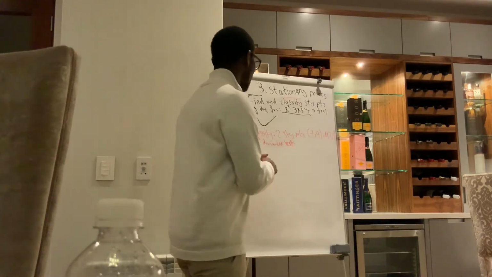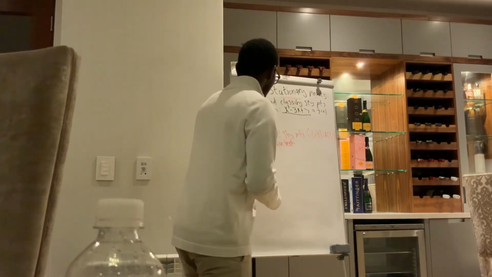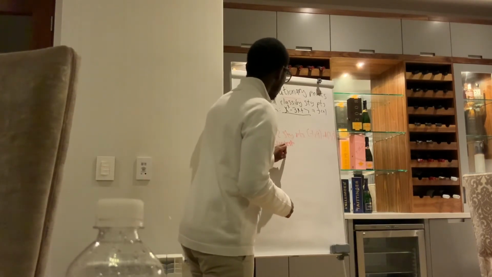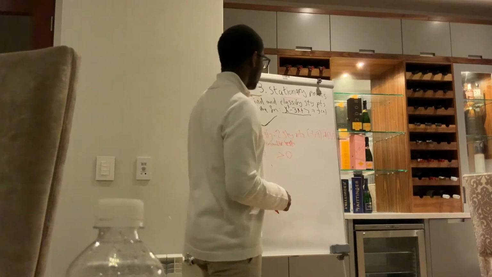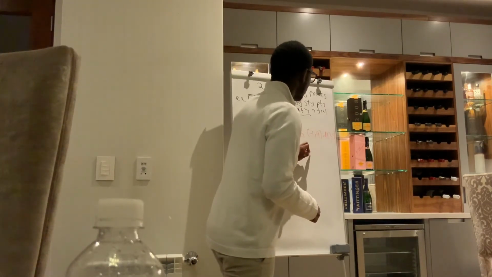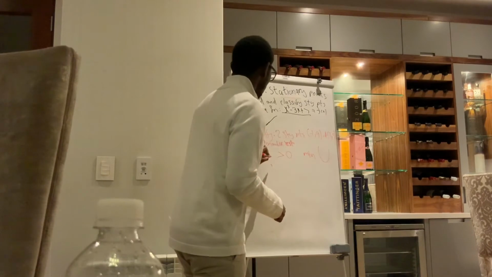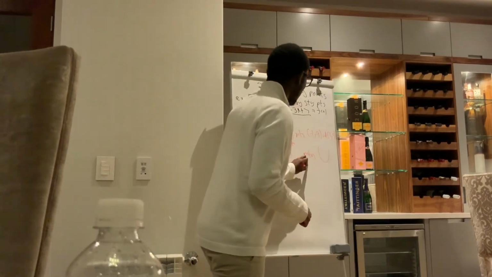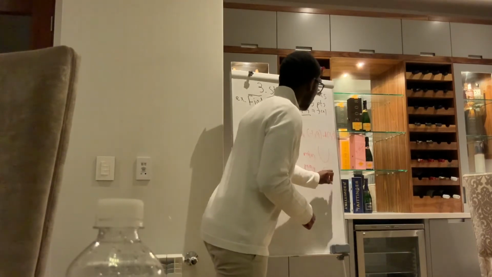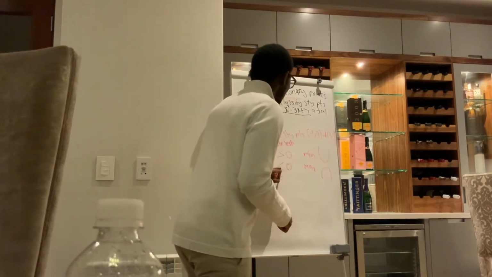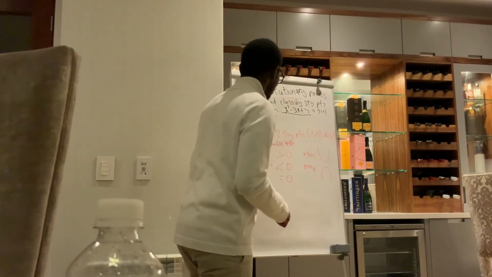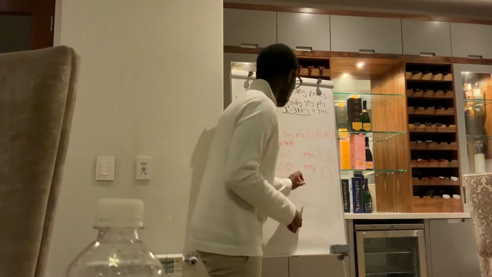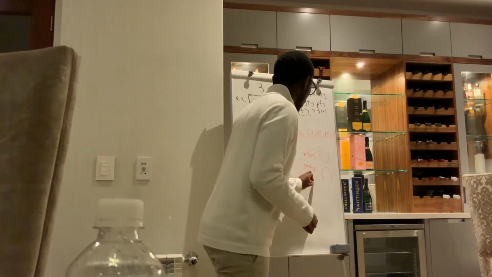So, to keep it simple, this is the second derivative test: if the second derivative is positive at the stationary point, then you have a minima. If the second derivative is negative at the stationary point, then you have a maxima. If the second derivative is 0 at the stationary point, then you have a point of inflection.